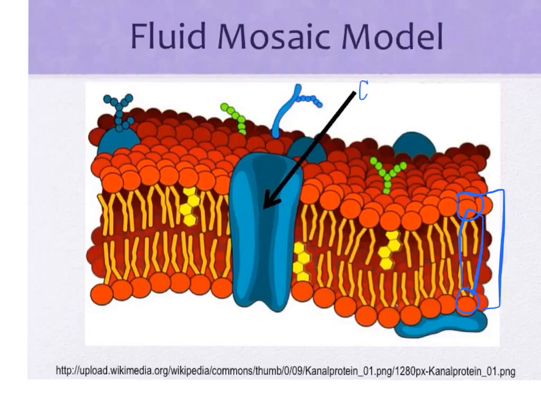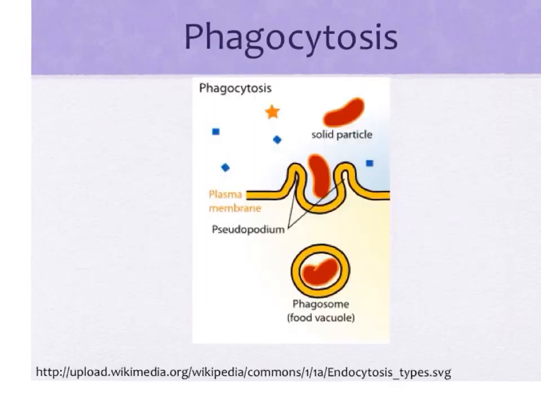We already saw how cells can use carrier proteins to move larger molecules in and out. But we're going to look at how they can move really big ones in and out that sometimes get packaged by the Golgi apparatus. So our first example is you've got a solid food particle here, and this food particle needs to go into the cell.